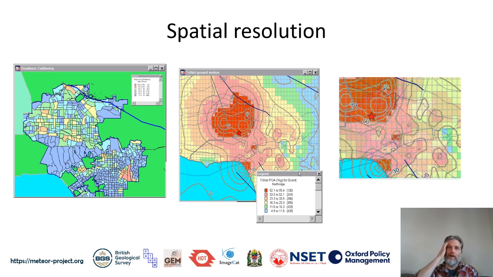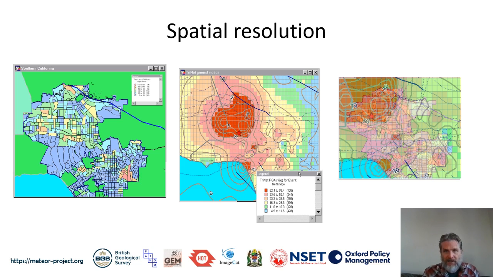Just because you've posted results at a very fine level, in this case the census tract level, doesn't mean that the data behind that has meaningful variation of observations throughout that level.